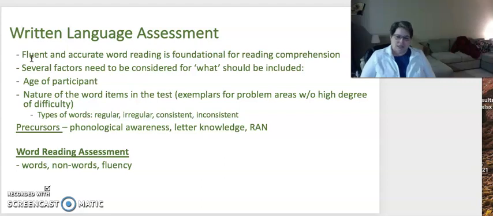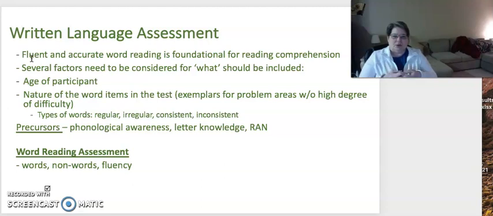You can only understand what you read when you can read fluently. If reading is too halted, like "the... boy... went," gathering the meaning becomes difficult, because all of your cognitive resources are focused on decoding, just interpreting what the printed words are.